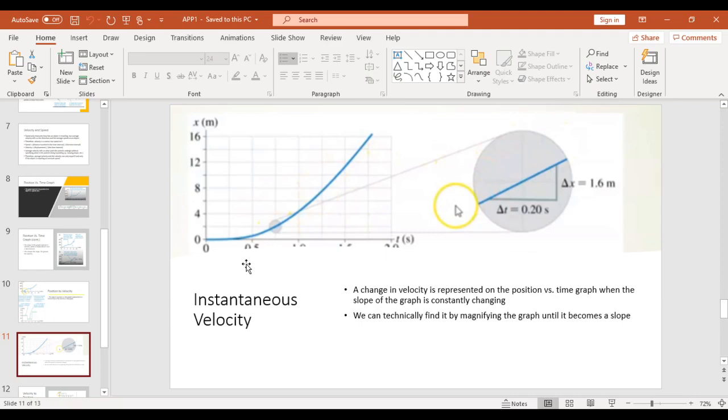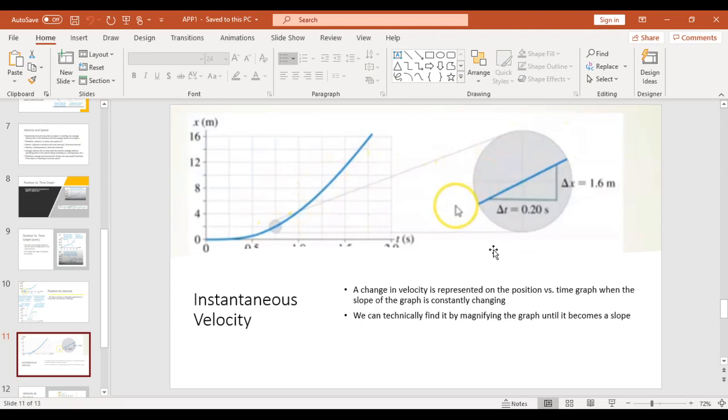If we have a strong microscope, we can actually zoom into the graph until it gets very, very straight, right? You can see here that that's what happens. And look at the time, 0.2 seconds. That's not even 1 second. That's like a very, very small time that has passed, right? And that's one of the ways that you can do it.